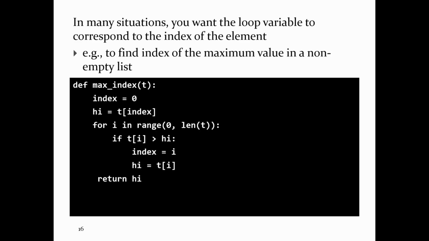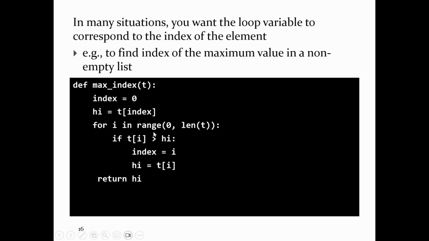But in many situations, you're going to want the loop variable to correspond to the index of the element. So a different way to write the max: this particular method doesn't find the maximum value, it finds the index of the maximum value in the list, because maybe you want to change it to some other value.